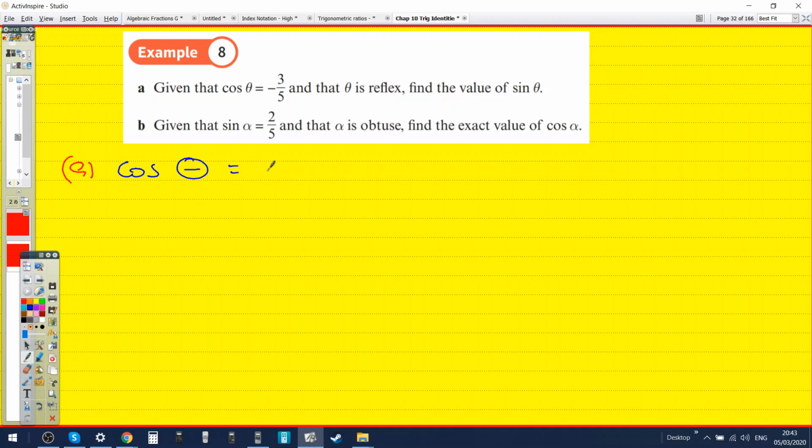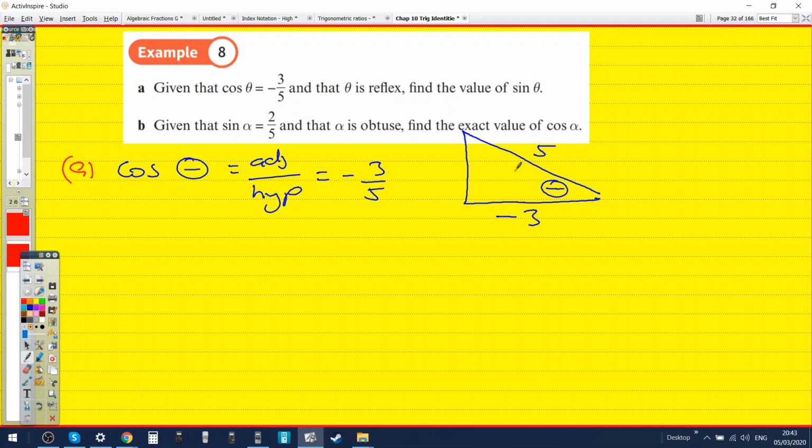Adjacent over hypotenuse. So that's minus 3 over 5. If I was to turn that into a triangle, so we have theta, this is minus 3, hypotenuse is 5.